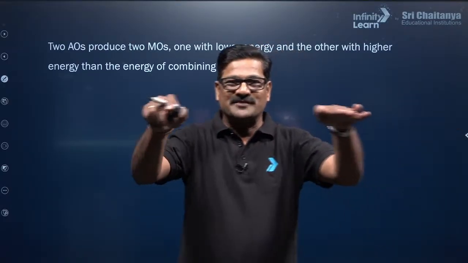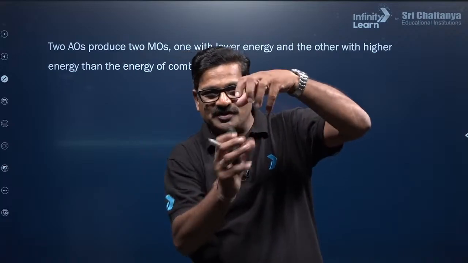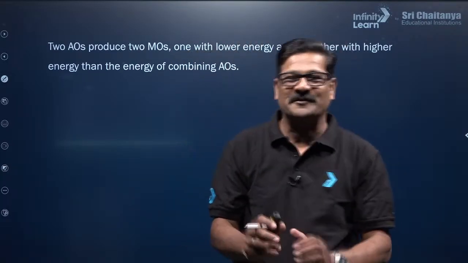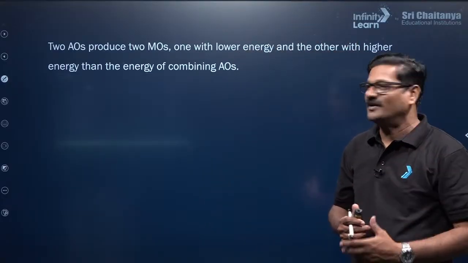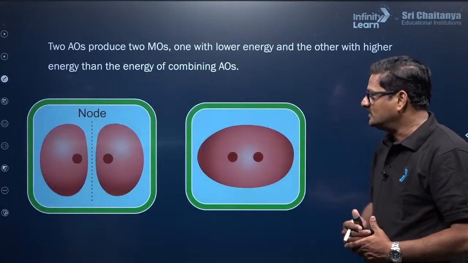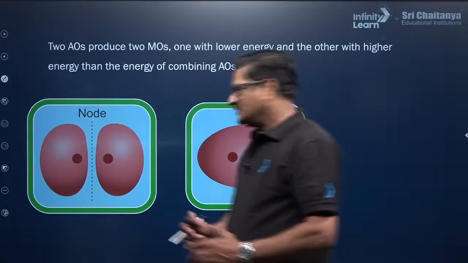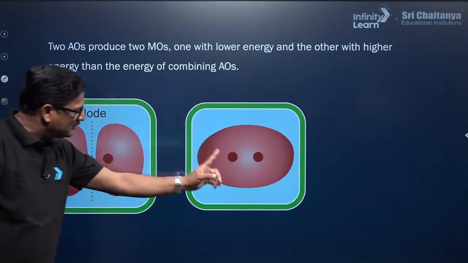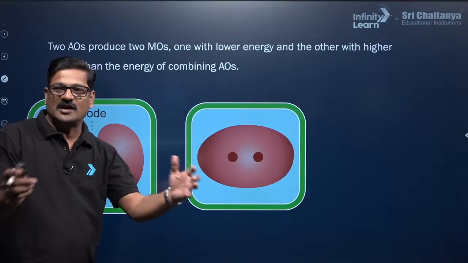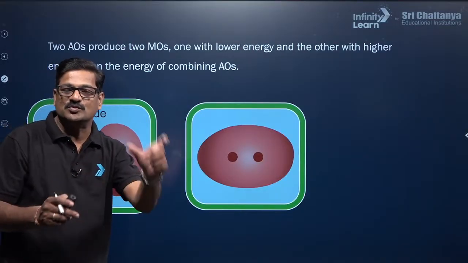Bonding and anti-bonding: when two atomic orbitals combine, they give a low energy orbital, called the bonding molecular orbital, and a high energy orbital, called the anti-bonding molecular orbital. In the bonding molecular orbital, more electron cloud is formed between the two bonded atoms.